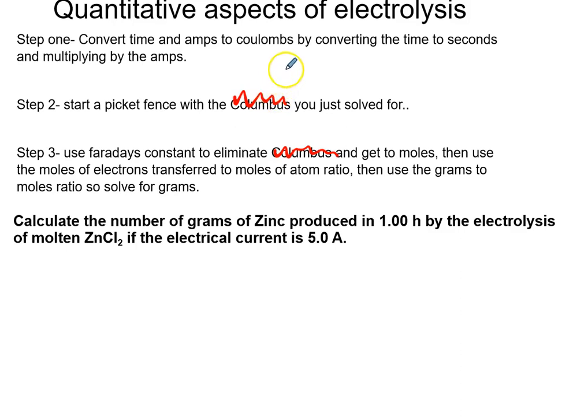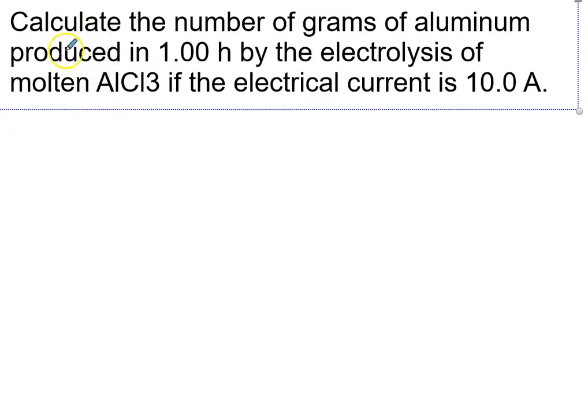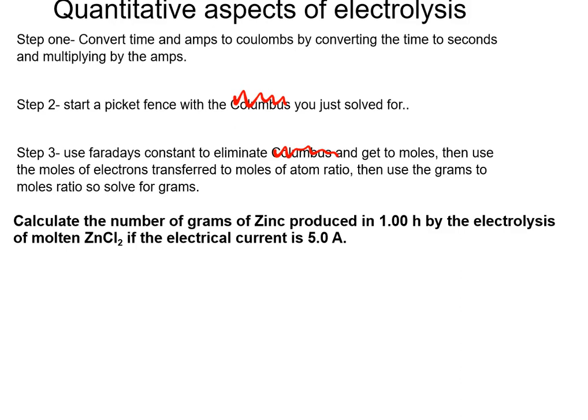All right. So we did this problem, and I just made one little mistake, and whatever, no big deal. So when we do this, you need to convert time to amps, and amps to coulombs by converting the times to seconds and multiplying by the amps.